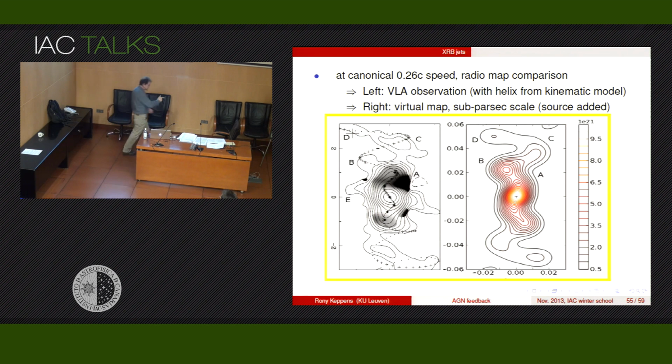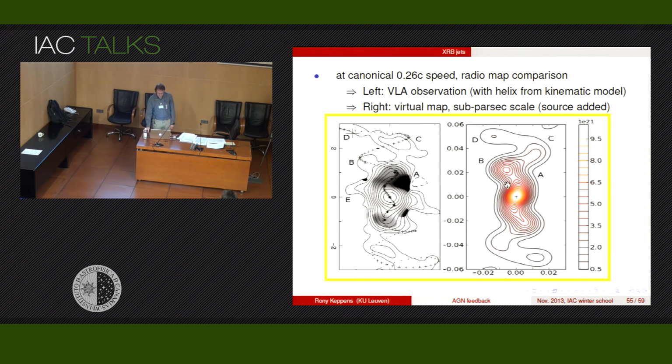Now, still we need to do something because we don't have a magnetic field, and this is, of course, based on emissivity that scales with magnetic field components. But there we do the cheap thing, where we take equipartition, so pressure related to magnetic field squared, and thereby we can turn our simulations into radio maps.